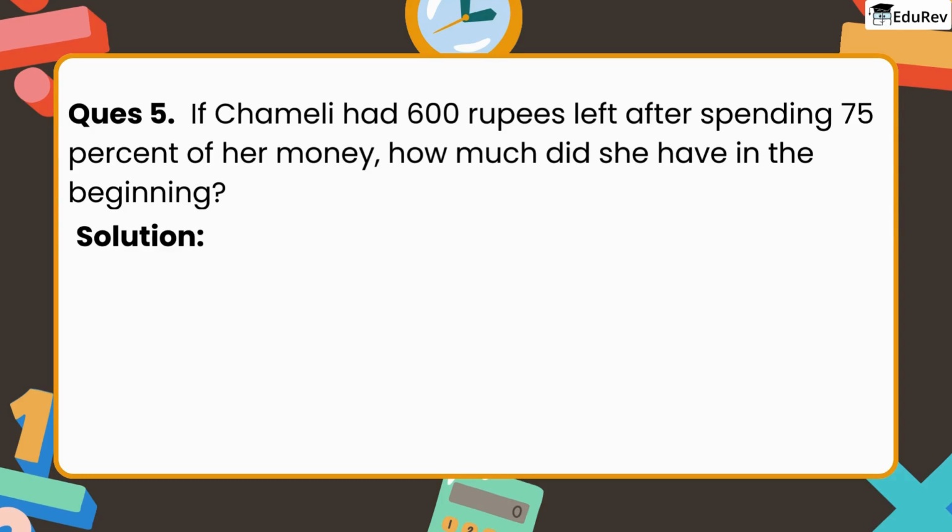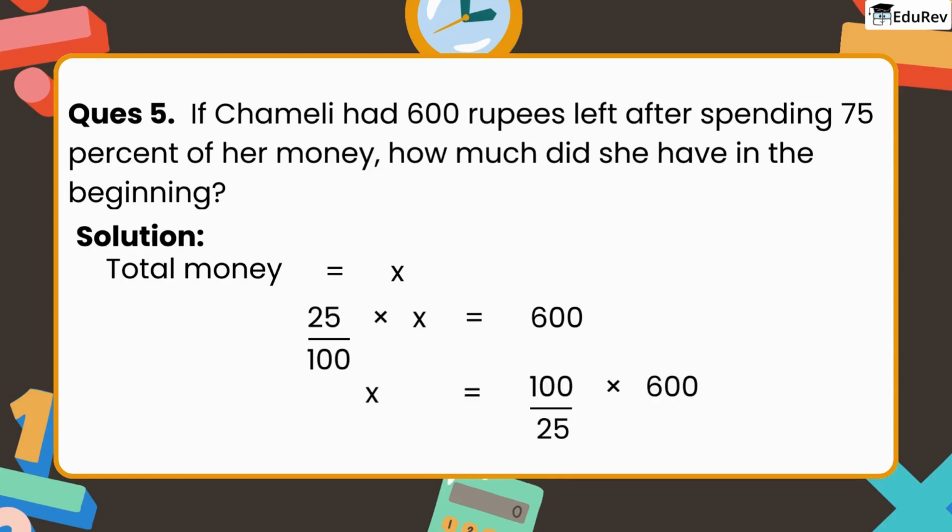If we take the total money equal to x, therefore, 25 upon 100 into x is equal to 600. Again, separating x from the numbers, we get 100 upon 25 into 600, which is equal to 2,400 rupees. Therefore, total money she had was equal to 2,400 rupees.